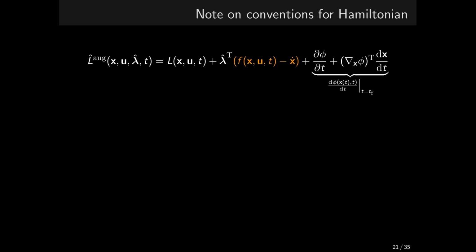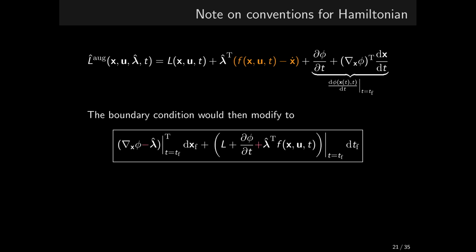Once again, I feel obliged to warn you about the mess related to two different conventions for the Hamiltonian function adopted by the control theory community. Know that while building the augmented Lagrangian, we can also include the constraints due to the dynamics of the system as f minus x dot. Remember that what we used before was actually x dot minus f. But then the boundary conditions need to be modified a bit.